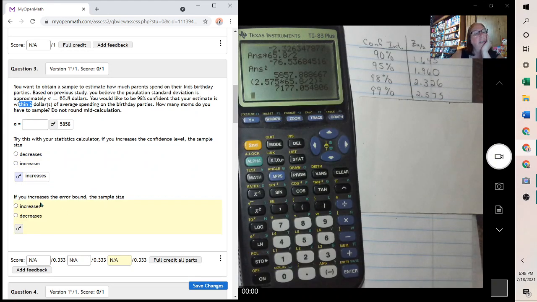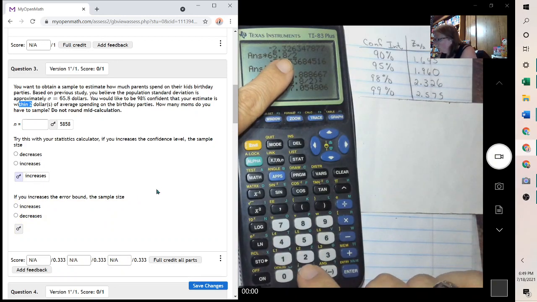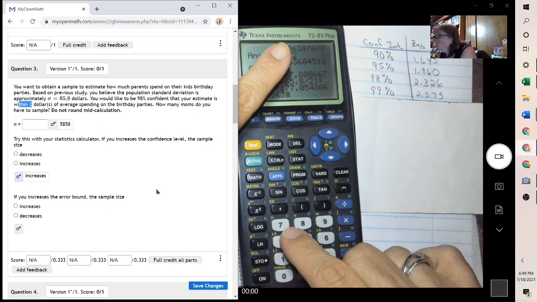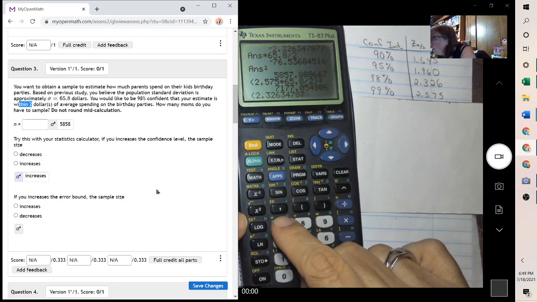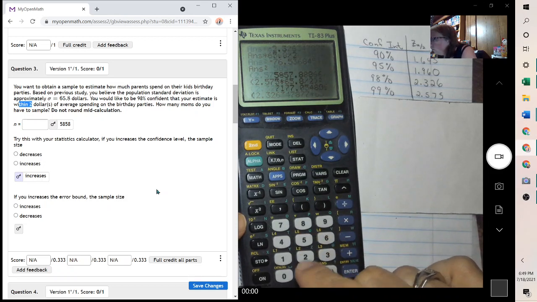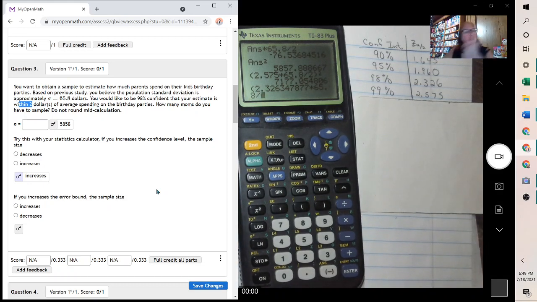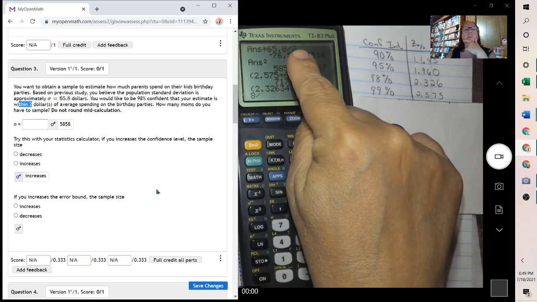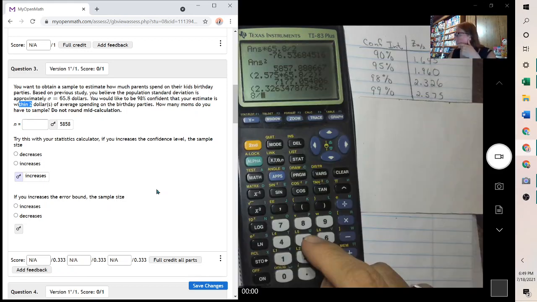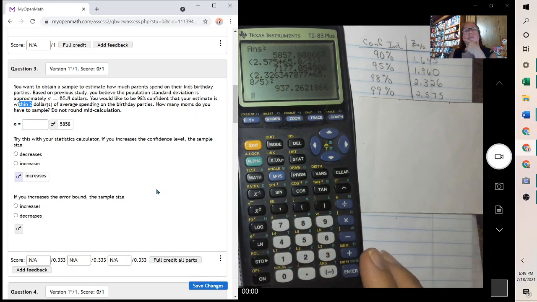And this one's saying if you increase the error of the sample size. So we would take this 2.326347877 times the standard deviation, 65.8, divided by, if we increase the error, our error was 2, so we could increase it to 5 and then square it.